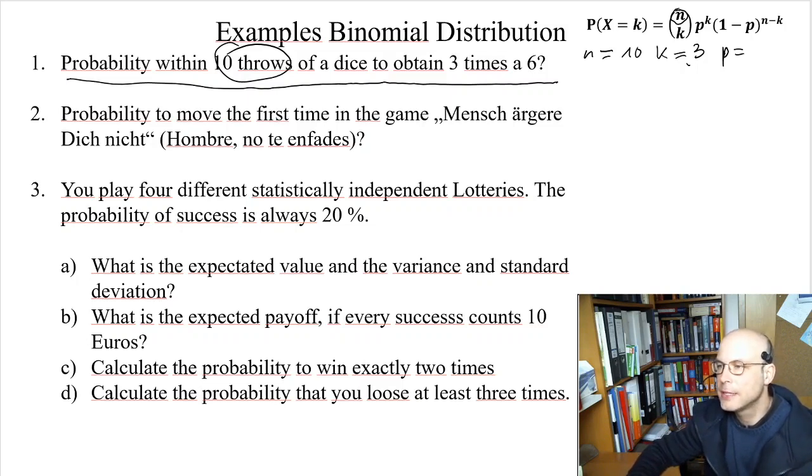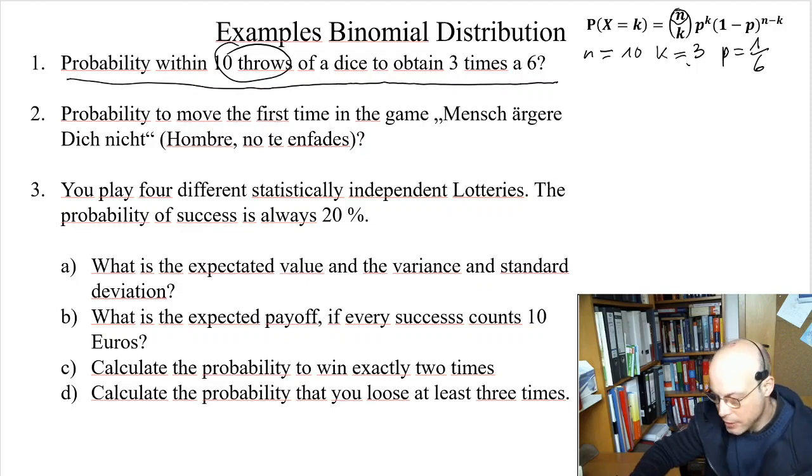If you have a fair dice, rolling a dice. What is p? Not 1 to the power of 3, but the probability to roll a 6 is just only 1 over 6.